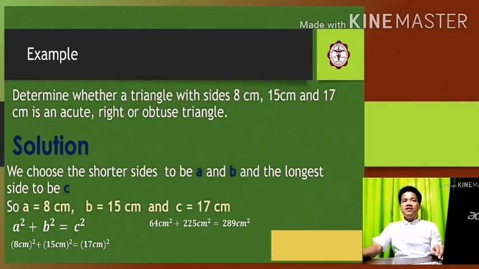Is 64 plus 225 equal to 289? The sum of 64 and 225 is 289 centimeters squared, and that is equal to 289 centimeters squared, the value of c squared, meaning to say that the triangle with sides 8 centimeters, 15 centimeters, and 17 centimeters is a right triangle.